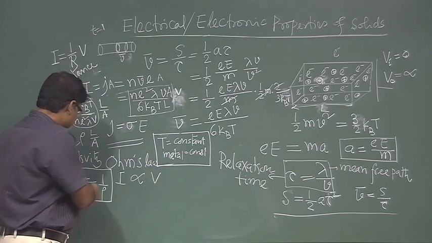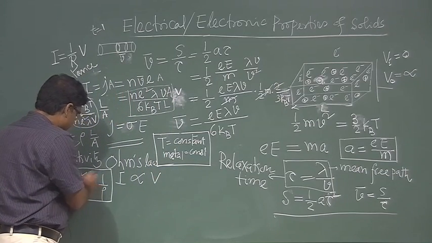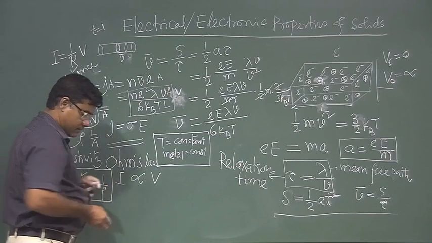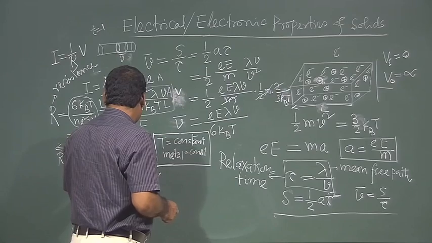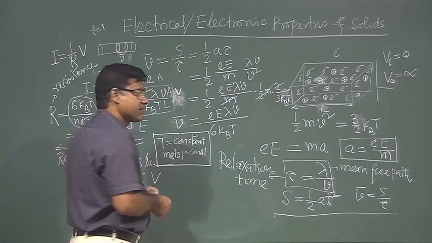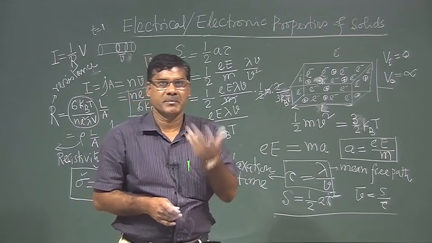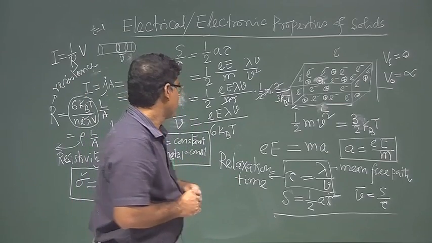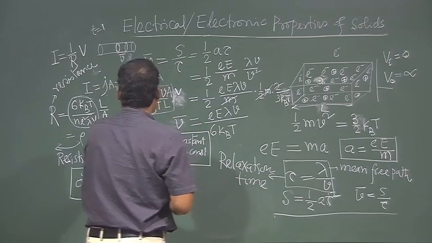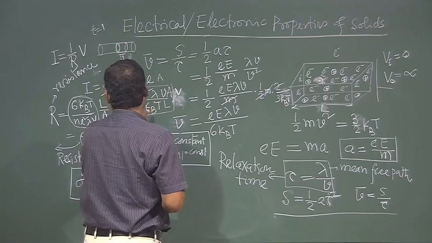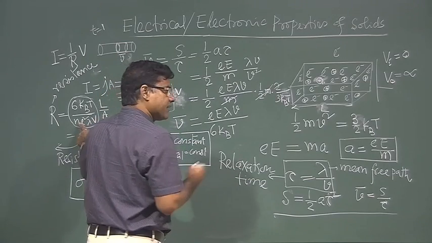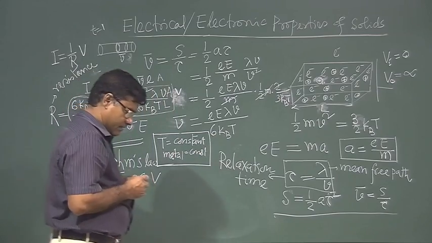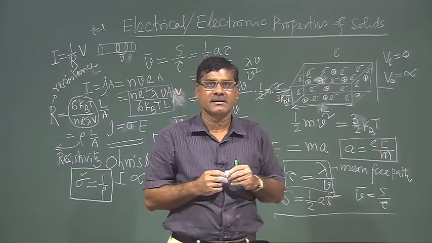Now what are the parameters on which this resistivity or conductivity depends, right. Definitely, mainly it depends on the electron density in that metal.